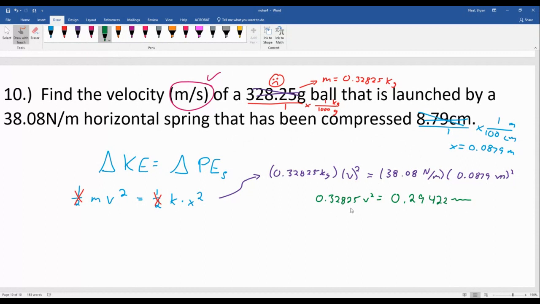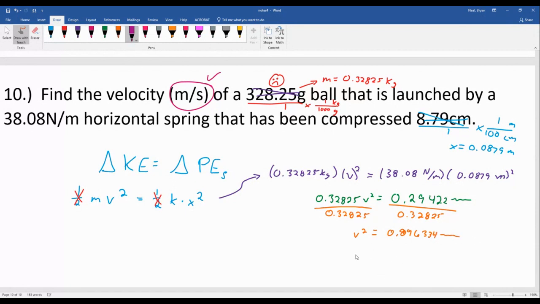Then now I'm trying to get eventually v, but for right now I can work on v squared. So if I divide by this thing that's in the way in front, I'm a little bit closer to an answer. That's going to give me that v squared is equal to 0.896334 and so on, so on.